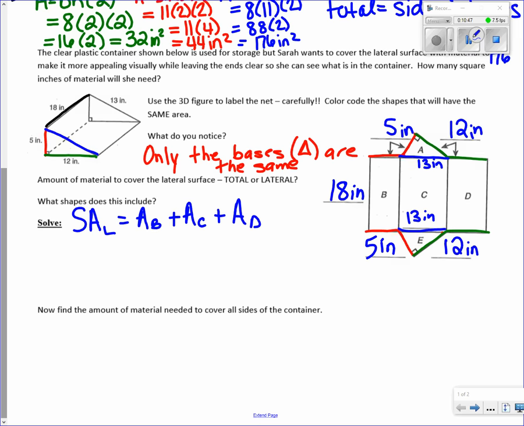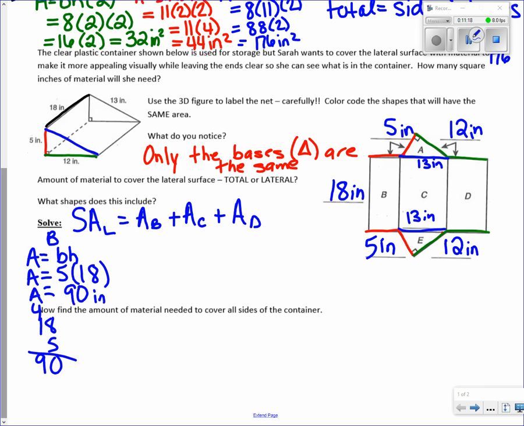So I'm just going to come over here and do B. We know that area of a rectangle is base times height. So B is 5 times 18. And I'm going to come down here and do 18 times 5. So that is 90 square inches.